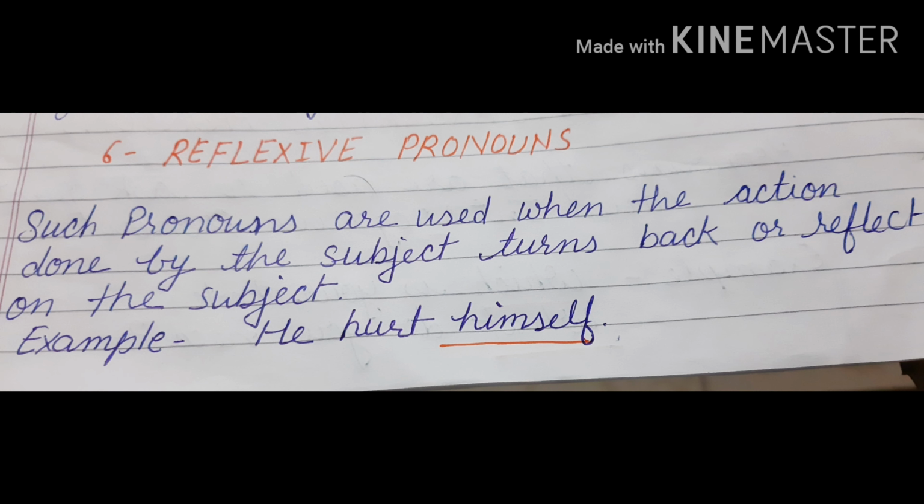Next is reflexive pronouns. Such pronouns are used when the action done by the subject turns back or reflects on the subject. Example: he hurt himself or I hurt myself.